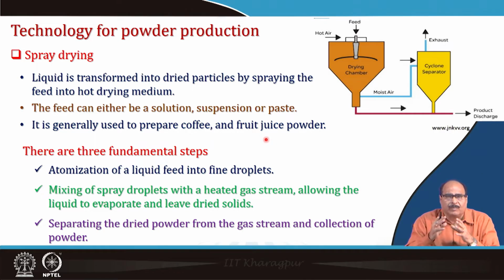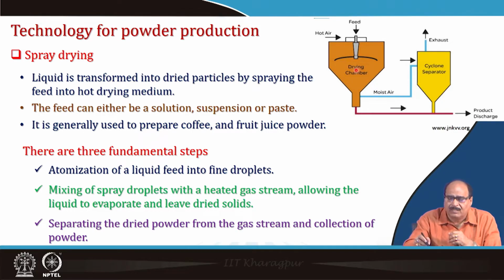Let us see one by one; we will take up the major technologies, and first we will take up the spray drying technology. It is a very popular method used for the conversion of liquids into free flowing powders. In spray drying, as you can see here, there is a drying chamber and certain atomizers, and with the help of these atomizers the liquid is fed in as fine droplets, and hot air comes into the drying chamber.